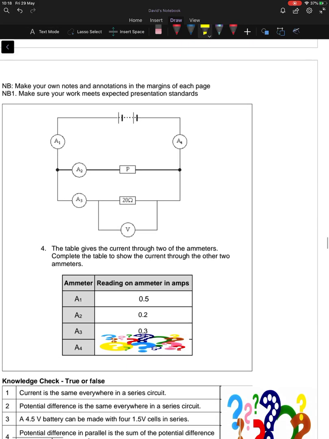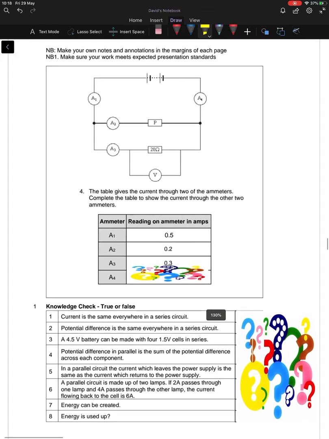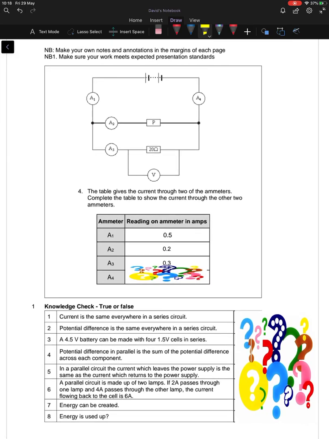Good starting point. So have a look at the next set of questions here. So, 2 aspects. 1, the table gives the current through 2 of the ammeters. Complete the table to show the current through the other 2 ammeters. So the table gives you ammeter 1 and ammeter 2.